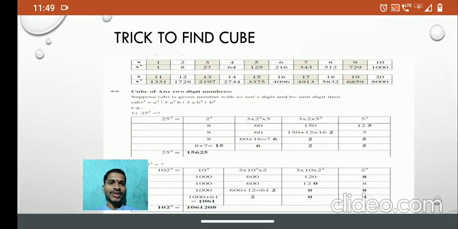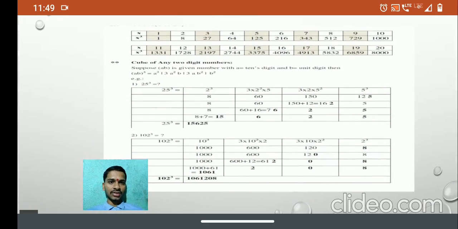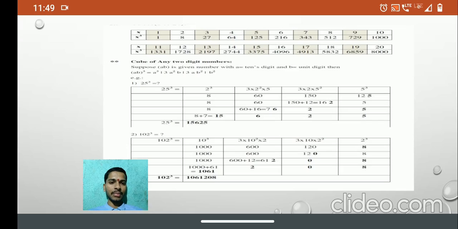Then we'll understand the trick to find the cube. Every candidate or student must know the cubes up to 10. For any two-digit number, there is a formula from maths: (a plus b) whole cube.